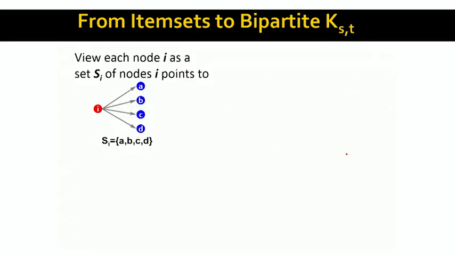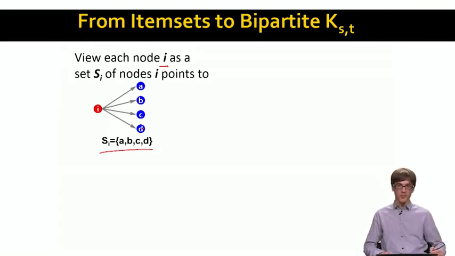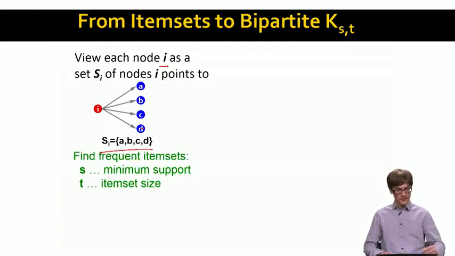To give you a more animated example, for every node I create an item set, simply as a set of nodes that node I points to. Then I set the minimum support, which is s. This will be the size of the left-hand side, and let t be the size of the item set that I find.